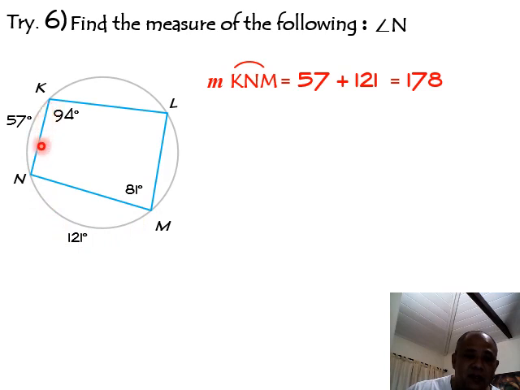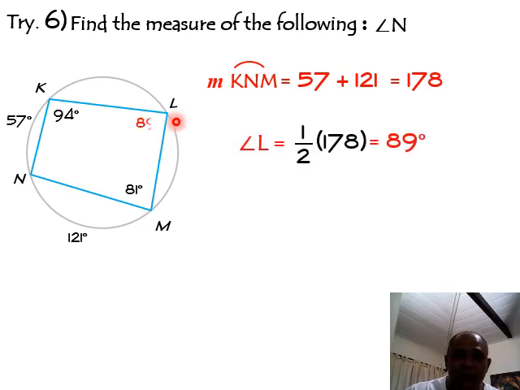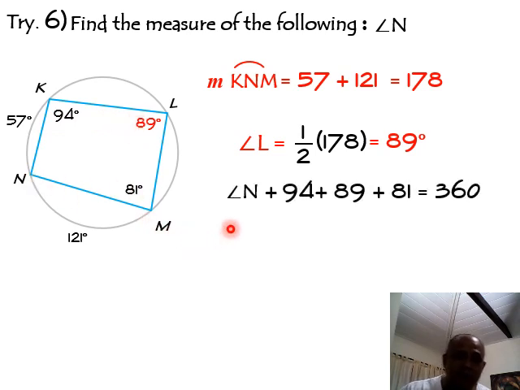So if this arc is 178, which is intercepted by this inscribed angle L, L would be half of 178, which is 89. So if this is 89, again, we know that if I add all these together, it equals 360.